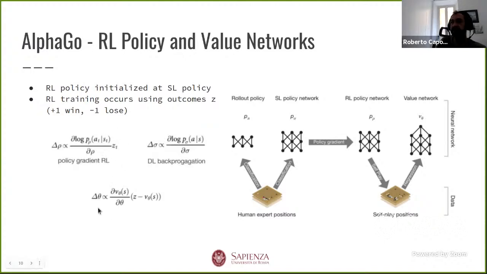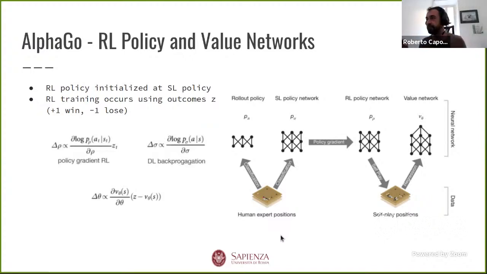This z is just the outcome of the match. So basically there is no reward at all during the game, except at the end when the machine wins or loses. So it gets a +1 reward or -1 reward if the agent wins or loses, respectively.